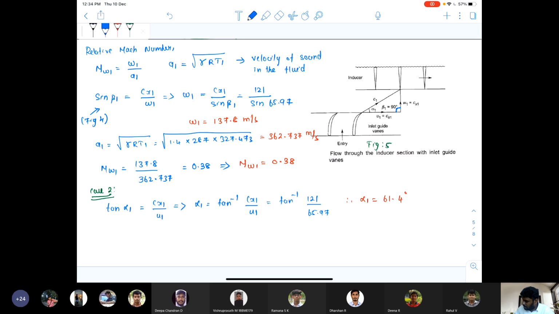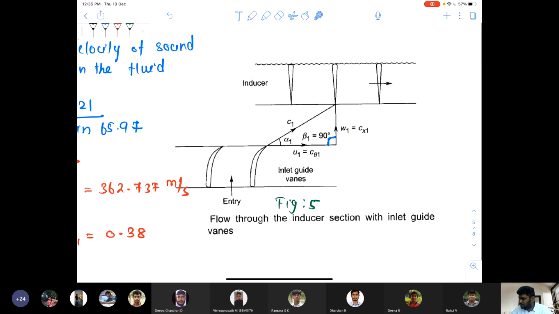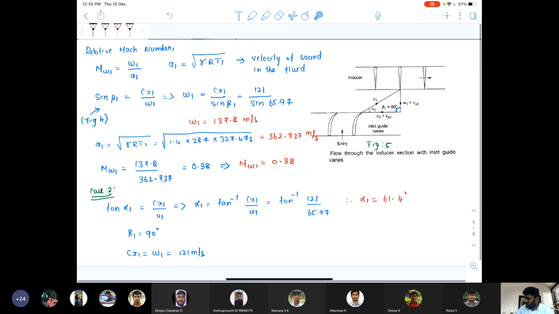We know that the value of beta 1 is equal to 90 degrees, and here the value of cx1 is equal to w1, which is equal to 121 meter per second. You can see the diagram here, the value of w1 will be equal to cx1. Therefore we need not find w1 in this case, since it is equal to cx1.